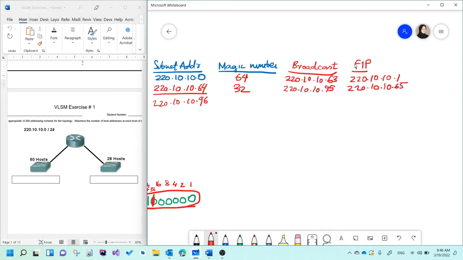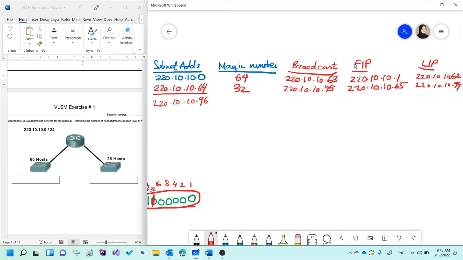Why 65? Because 64 is the subnet address, and 1 plus the subnet address gives you the first IP. The last IP would be nothing but 1 minus the broadcast. So here it would be 220.10.10.62, and then this one would be 220.10.10.94.